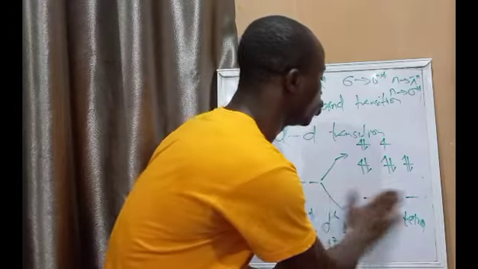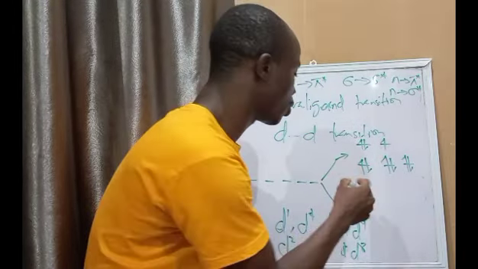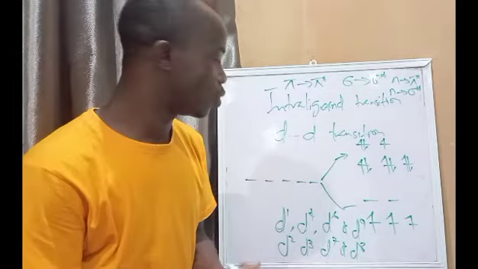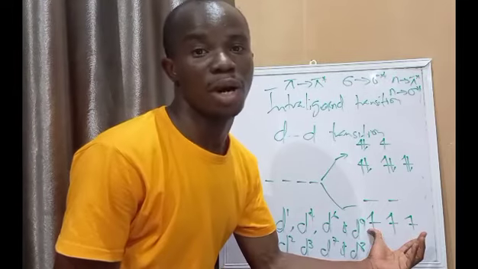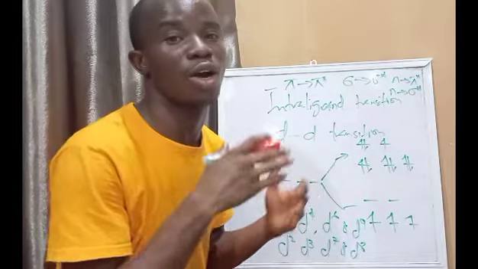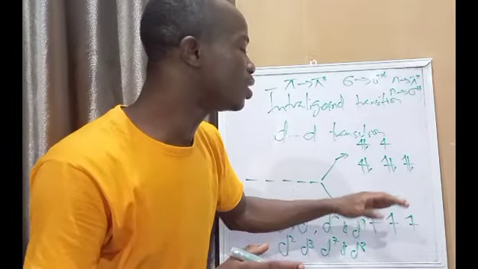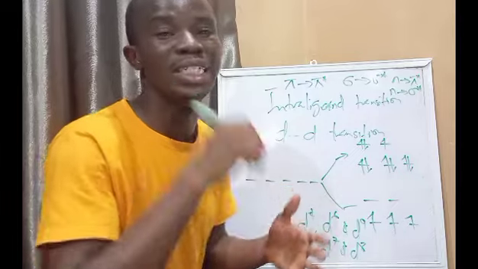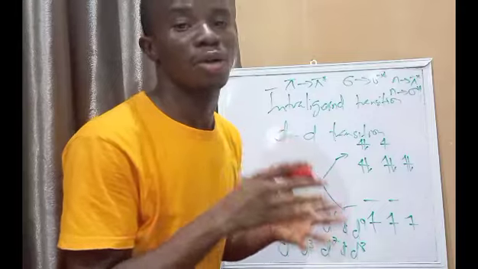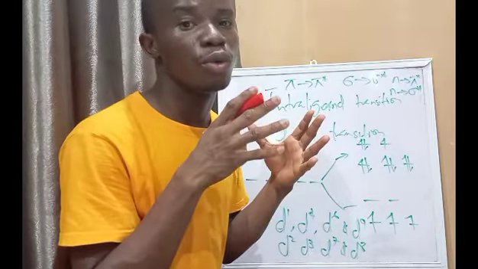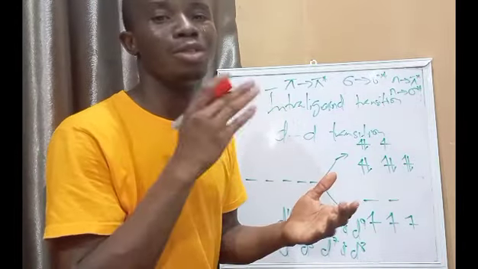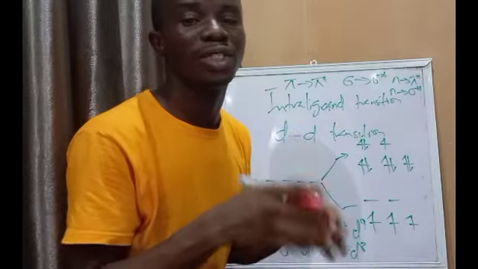Now compare that to when you have something like chromium 3 plus. For chromium 3 plus, we have this particular arrangement, and that gives us the possibility of having up to 3 transitions in the case of chromium 3 plus, which is a d3 ion. And that's why chromium 3 plus would give about 3 different signals within the visible region of the electromagnetic spectrum, especially when it is in an octahedral environment.